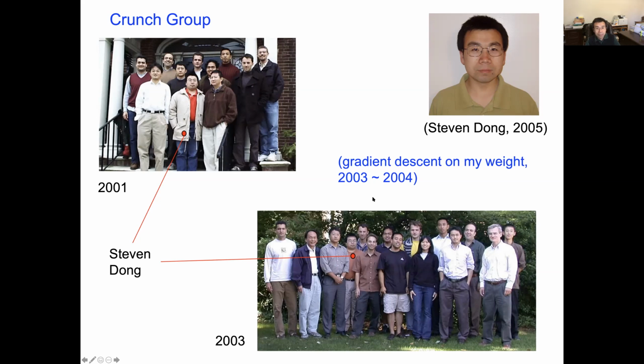Between 2003 and 2004, I learned gradient descent from George, and I did a gradient descent on my weight. And this is a picture of me afterwards in 2005. But anyway, I'm very glad to be back to speak to the new generation of the Crunch people.